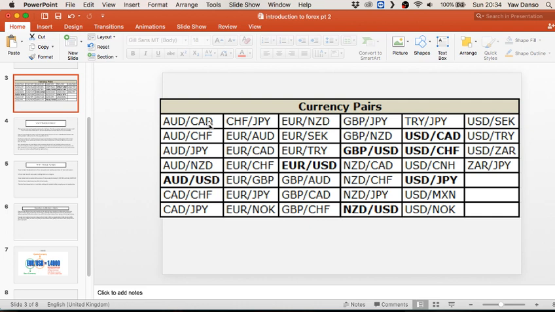We call it the CAD AUD, when you're going to trade on that currency pair. So let's say you're going to buy or sell the AUD CAD. If you don't put the AUD first and the CAD second, you're going to confuse yourself when you are buying and selling it. So try and learn.